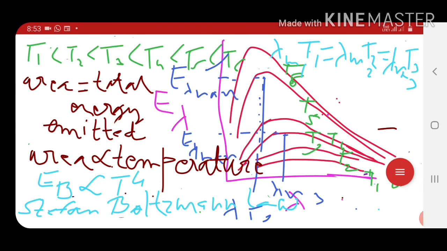That is, lambda m into T is equal to constant.